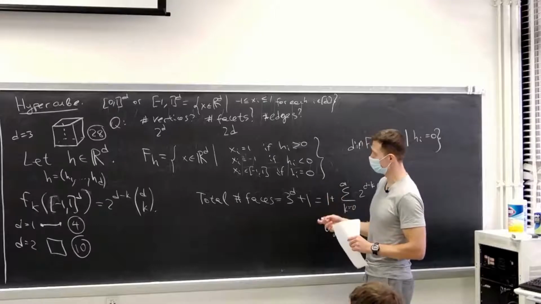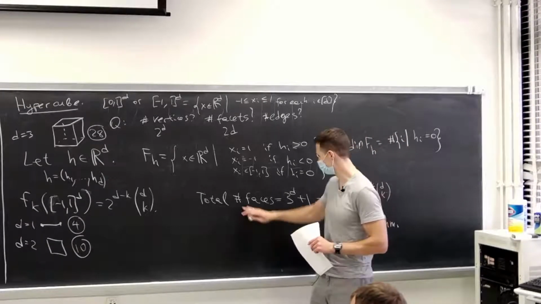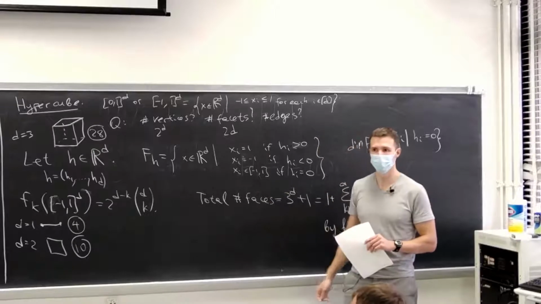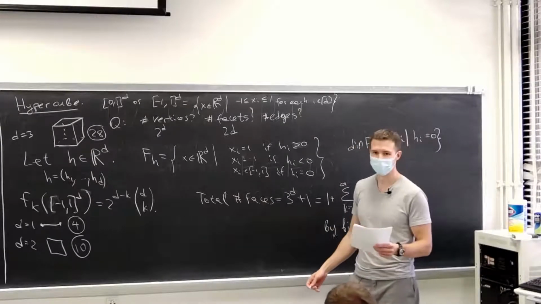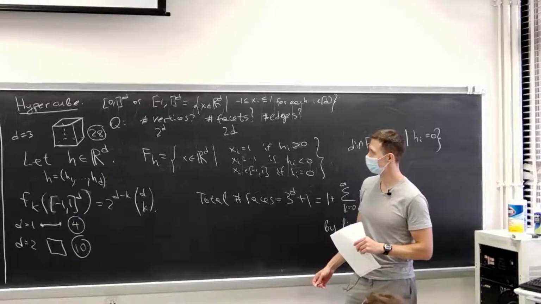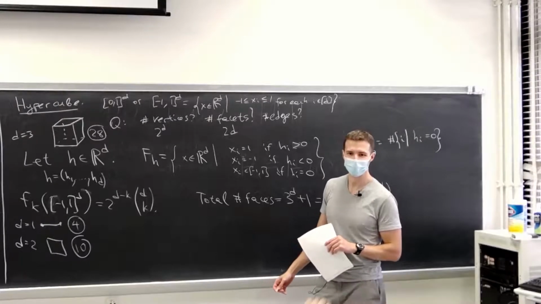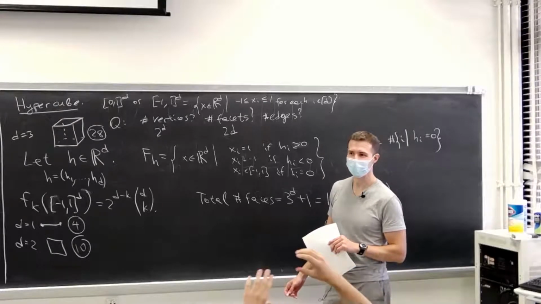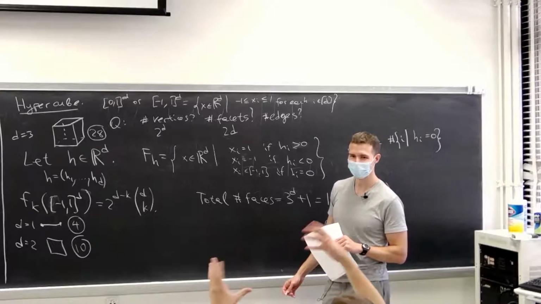And what's the direct way to see that the number of faces is a power of 3 without applying the binomial theorem? High-dimensional Rubik's cube. Okay.